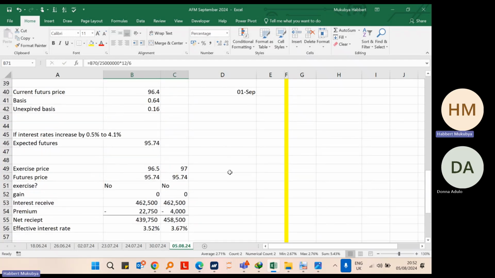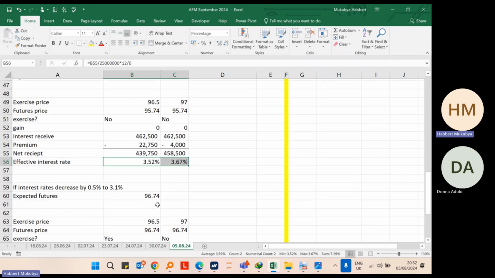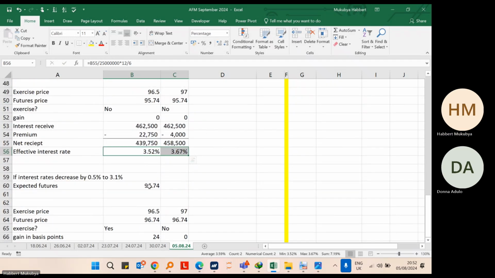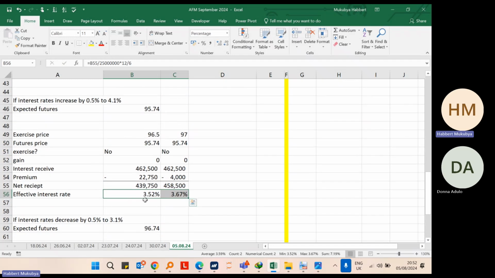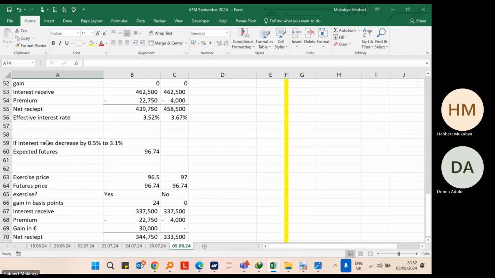But if they increase to 4.1, still you get effective interest as 3.5, but at least it's not going to go below. Because remember, since we are investing, it is beneficial for us to have the interest go up. That's why it is beneficial. Now, that is the interest rate options.